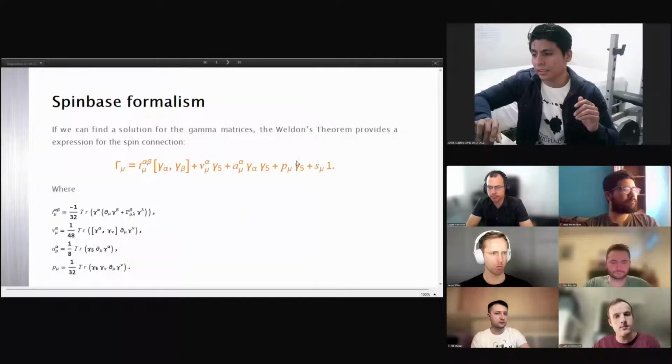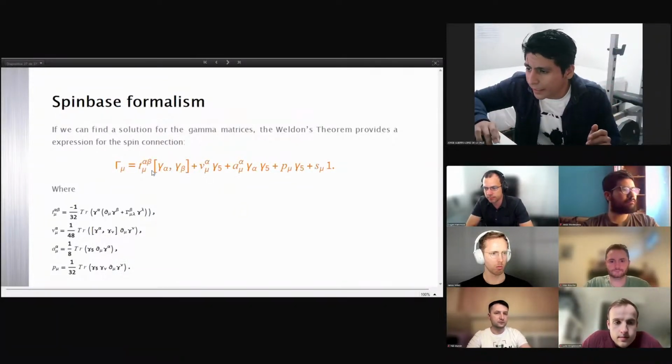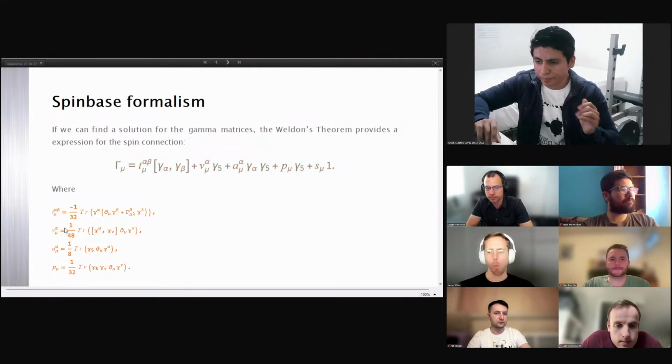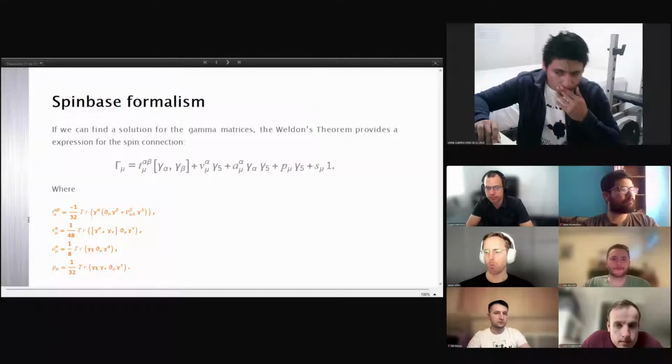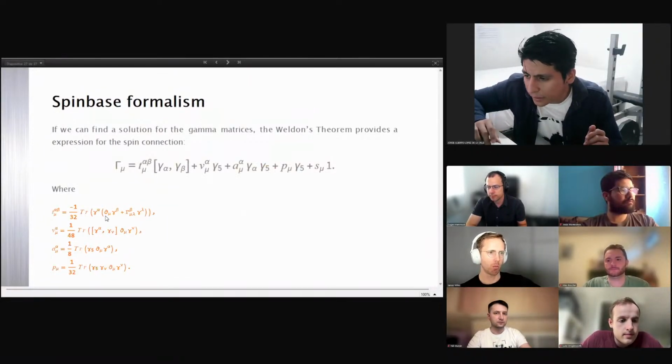It's more complicated, but it works, all right? Here, each of these coefficients, D, A, T, and S, has only dependence on the gamma matrices, and here I have the derivative of the gamma matrices.